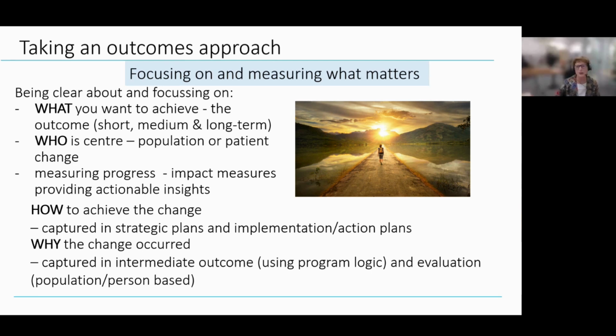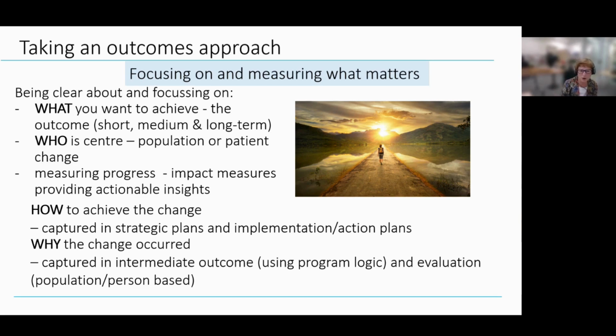So when we say we're measuring impact, we're measuring effect, we're measuring outcome. So taking an outcomes approach is about focusing on and measuring what matters. So we know where we want to go, the light on the hill. We set ourselves on a path and we follow that path with decision making along the way through a monitoring process. And the evaluation talks about, did we get to the light on the hill?